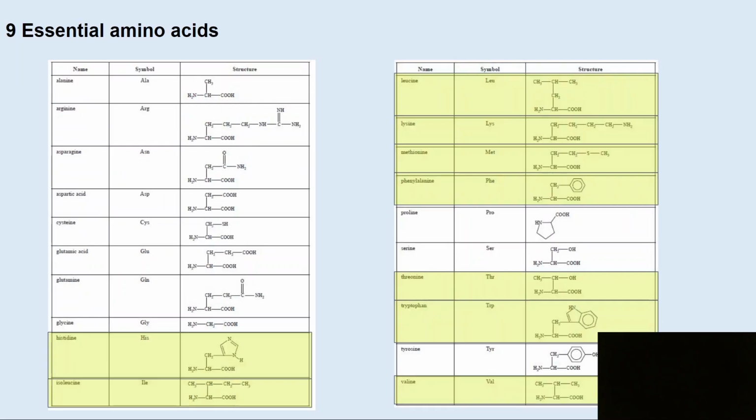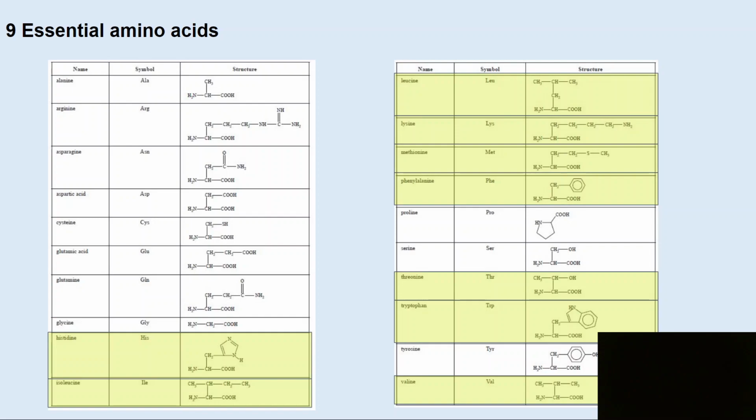Tyrosine and valine. Okay, so 9 essential amino acids. So this is where our annotation of our data booklet begins. Obviously, you can't take an annotated data book into your SAC or examination, but if we're annotating it and looking at it the whole time with this unit, then we're going to start to get used to where and what we're looking for in these different amino acids.